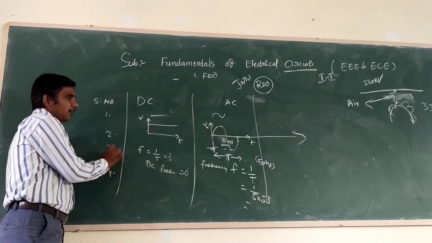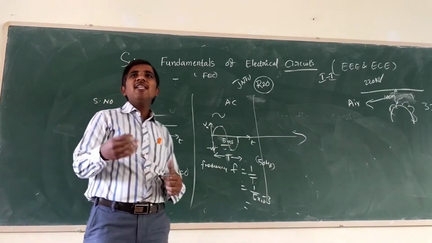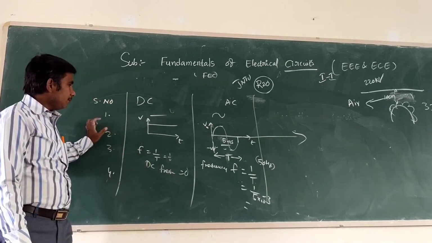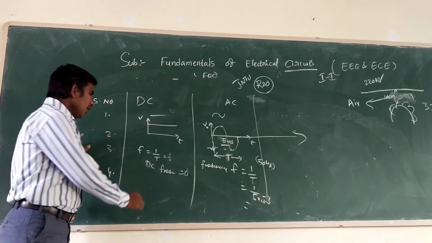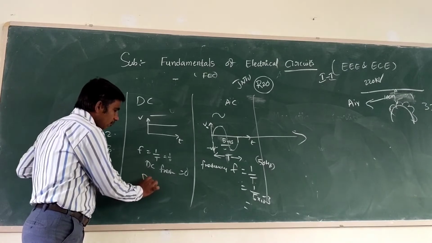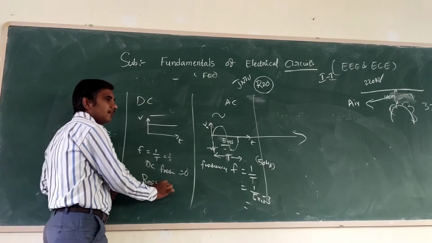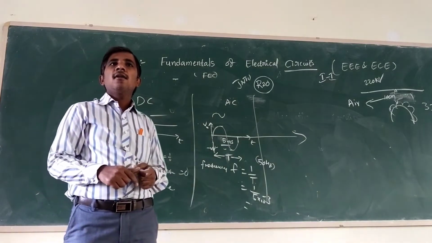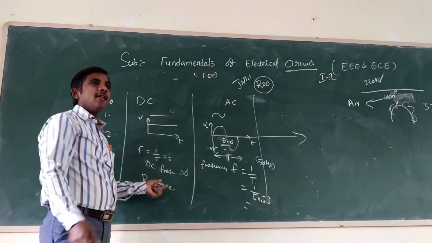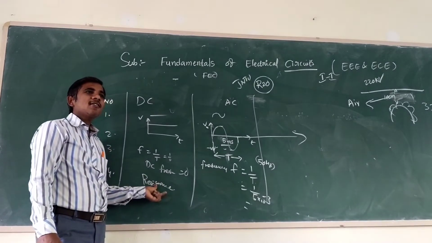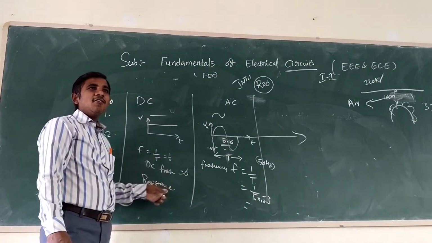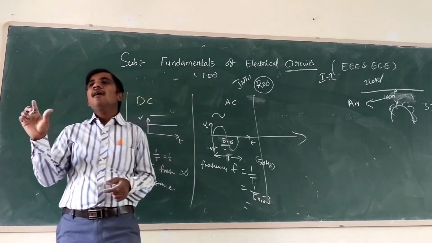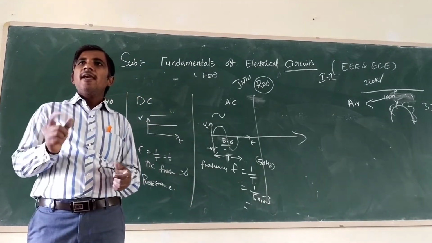Next, coming to the fourth point, comparison between DC versus AC. In DC, only the resistance factor will be considered. There is no inductance, there is no capacitance, because frequency is 0 for DC. Inductance and capacitance, when we discuss inductor and capacitor, we will go into again.